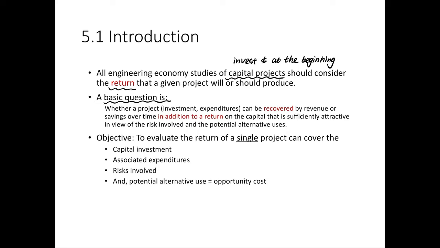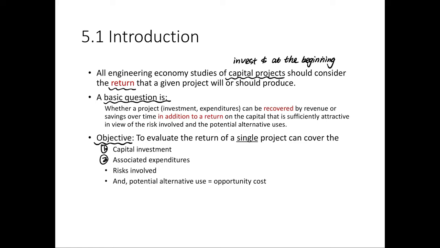So when you make a decision, your objective is to evaluate the return of a single project to see if that return can cover several things. The first thing is if it can cover the capital investment. And second, if it can cover the associated expenditures, like every year you need to spend some money to maintain your equipment, or to fix it, repair it, or operate it.